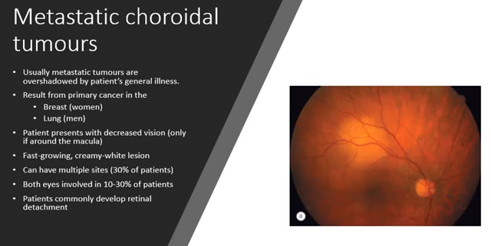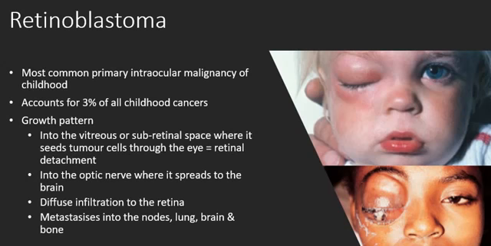And the patient will complain of decreased visual acuity, usually only around the macula. You'll find that these choroidal tumours are fast-growing, creamy white lesions and can have multiple sites. And both eyes can be involved in up to a third of patients. What happens with these tumours is patients will commonly also develop a retinal detachment.